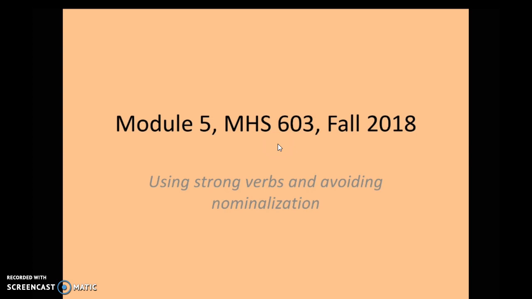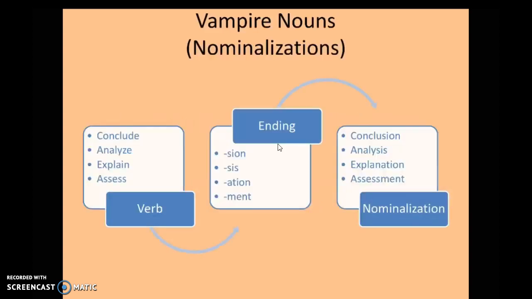And often when we're revising our own work and we look at particularly some sort of science and academic writing, we see a lot of what we call nominalizations. So nominalization is, I also like to call them vampire nouns. Helen Sword, in a blog that you're reading this week, calls them zombie nouns. So what happens is that you take a perfectly fine verb like conclude or analyze and explain.